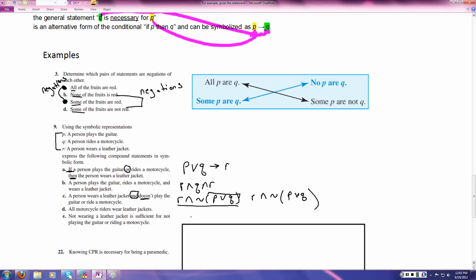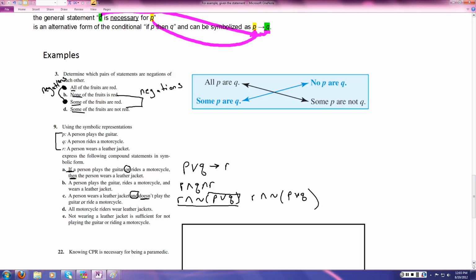So hopefully that helps. All motorcycle riders wear leather jackets. Not wearing a leather jacket is sufficient for not playing the guitar or riding a motorcycle. So all motorcycle riders wear leather jackets. That means if you're a motorcycle rider, you wear a leather jacket.